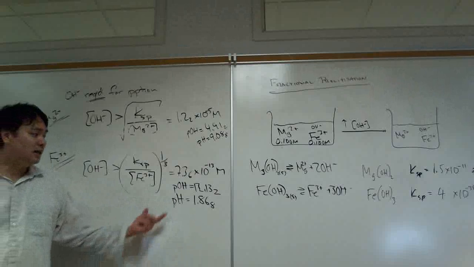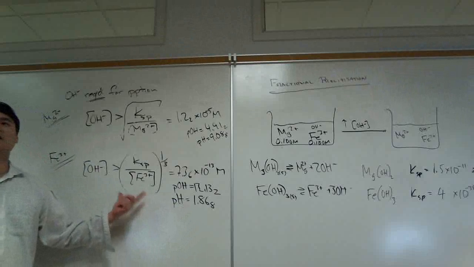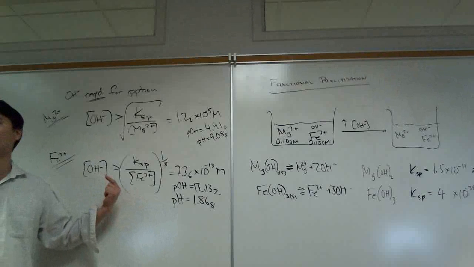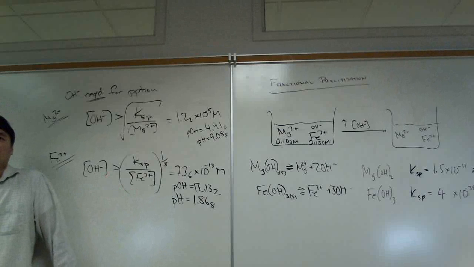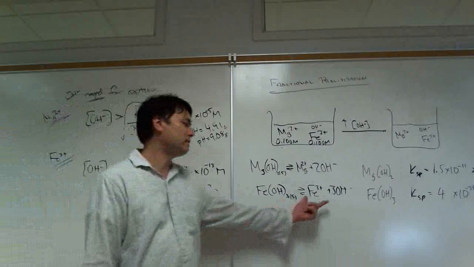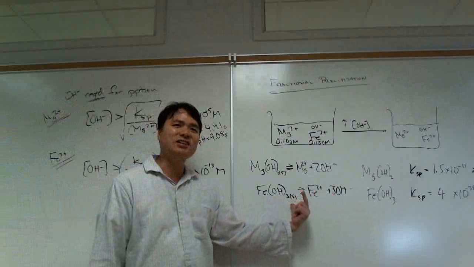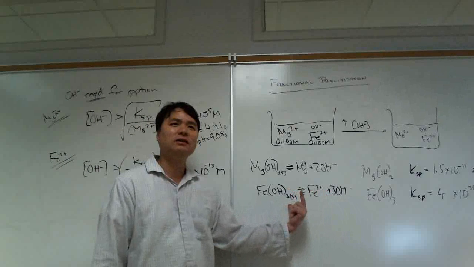The tiny, tiny bit of hydroxide that's generated by water in an acid solution is enough to start to precipitate out the iron. It precipitates as a hydroxide in acid. How can iron 3 precipitate out as a hydroxide in acid?